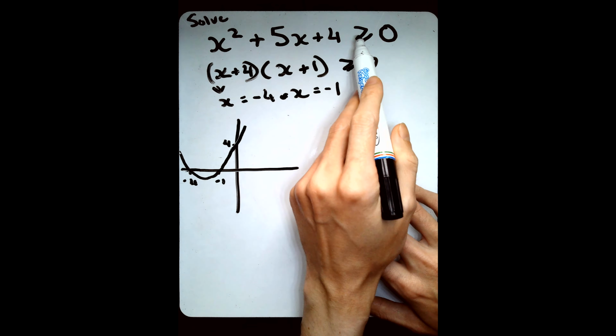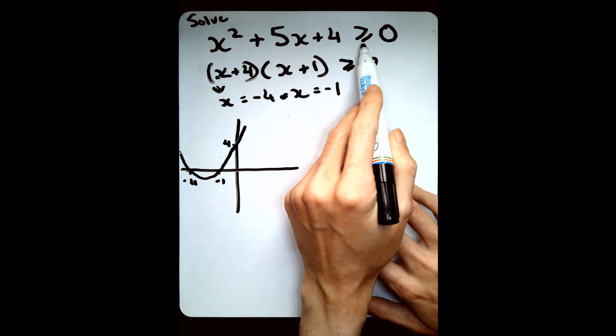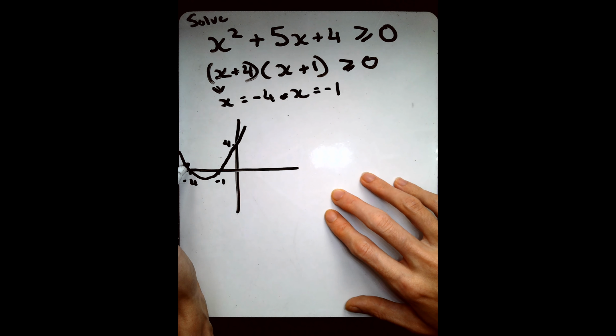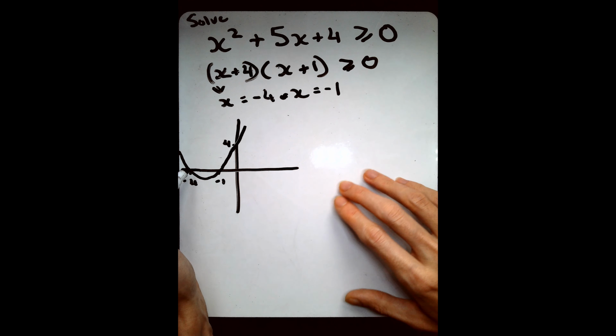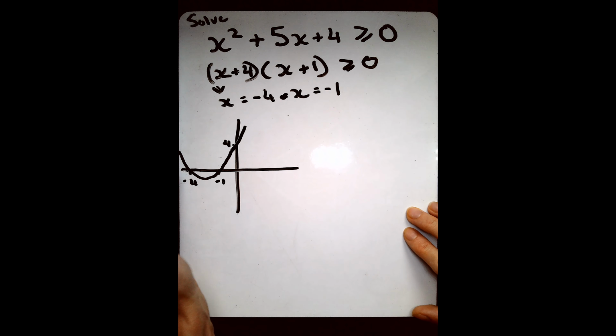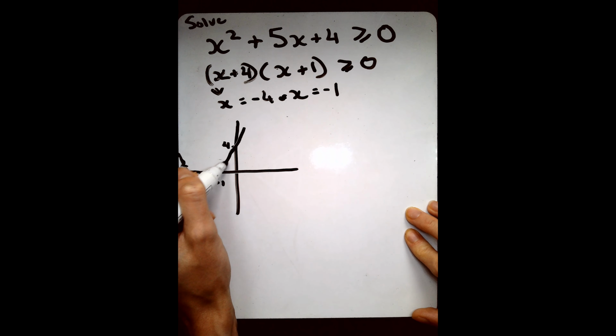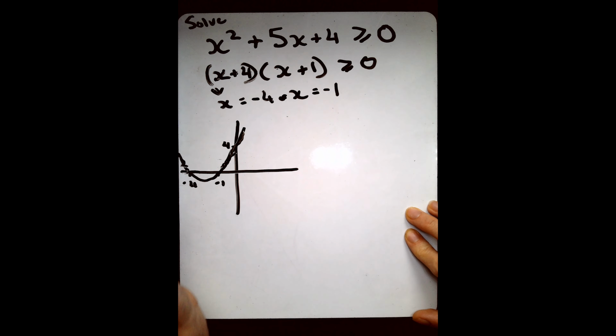Now I want to know when this quadratic is greater than or equal to 0, and that is going to be when the line is above your x-axis. Now this curve is going to be above the x-axis when x is less than negative 4, because then we're looking at this bit, or when x is greater than negative 1, because then we're looking at this bit here where it's above the x-axis.